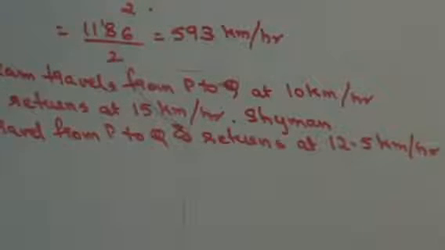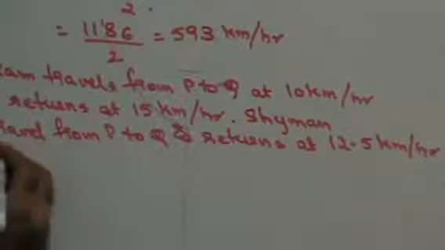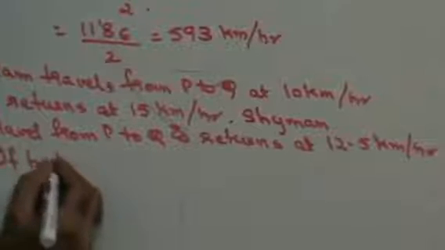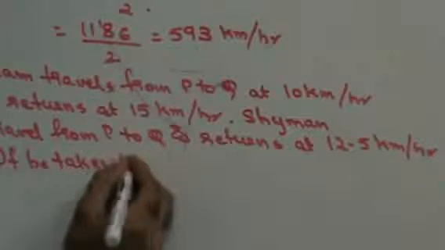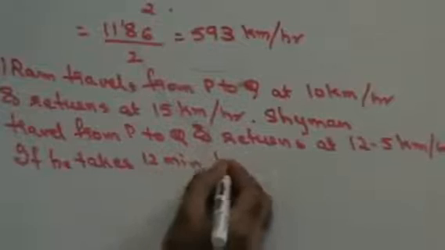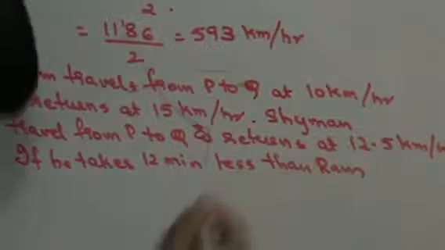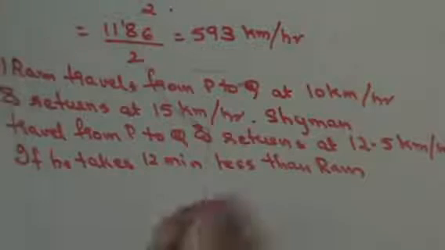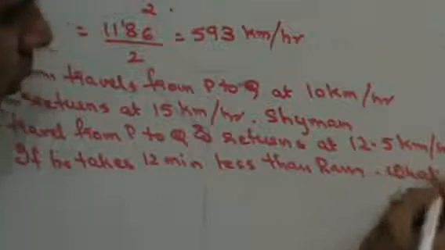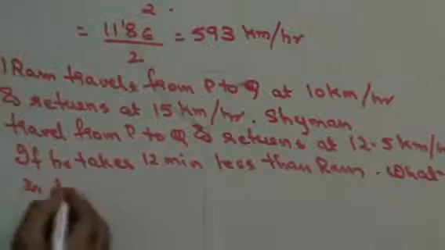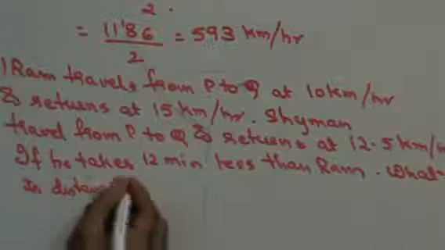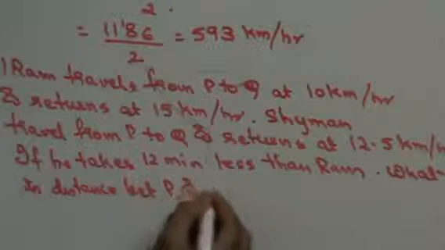If he takes 12 minutes less than Ram, what is the distance between P and Q?